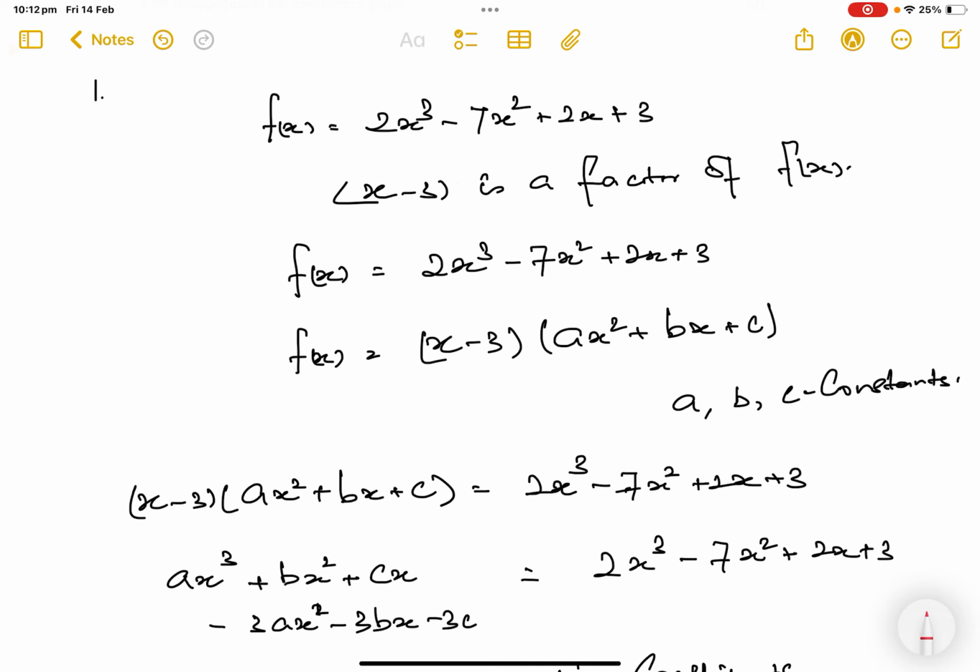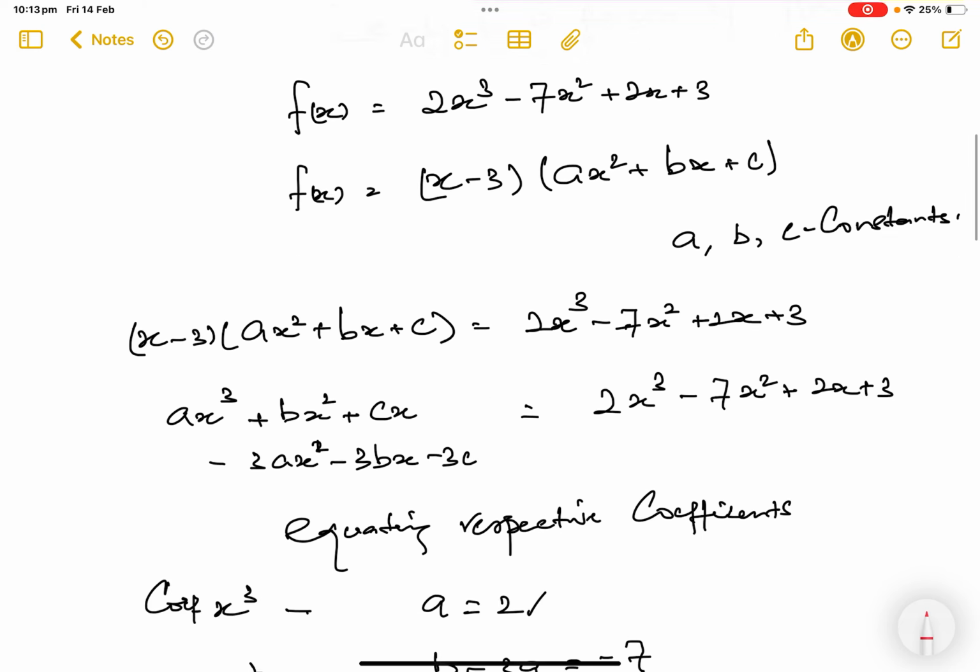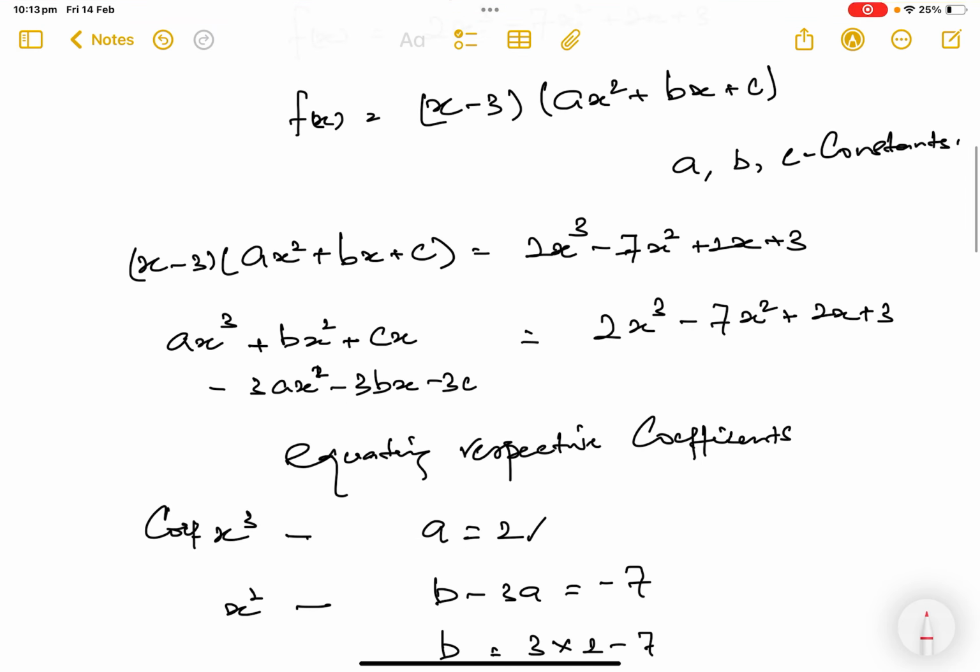So f(x) is 2x³ − 7x² + 2x + 3. At the same time, with the factor x − 3, f(x) can be (x − 3)(ax² + bx + c), that quadratic function. If you equate them, the left-hand side is (x − 3)(ax² + bx + c), the right-hand side 2x³ − 7x² + 2x + 3.